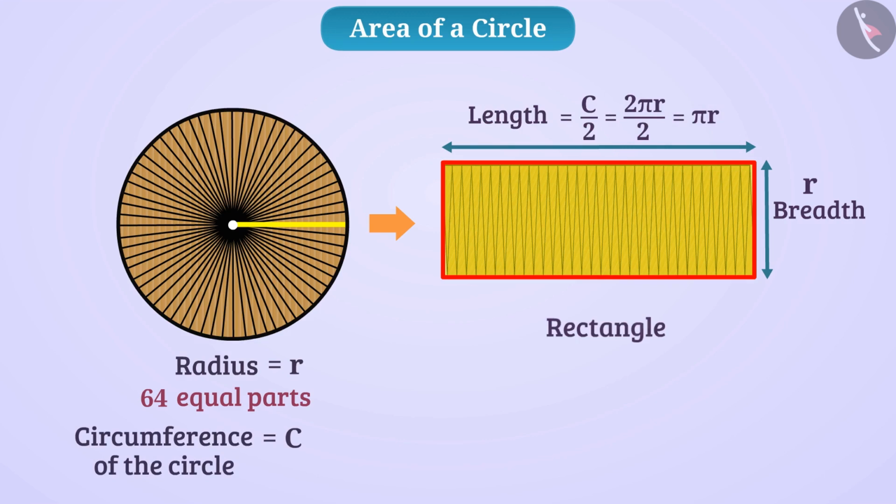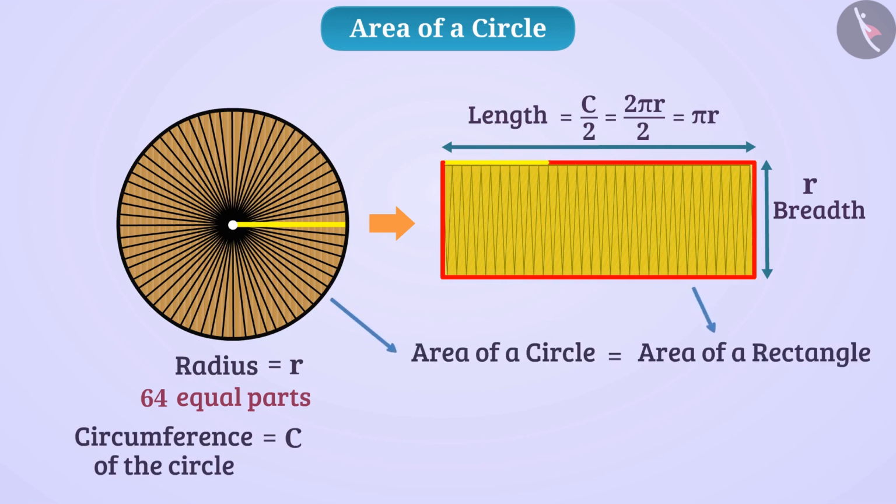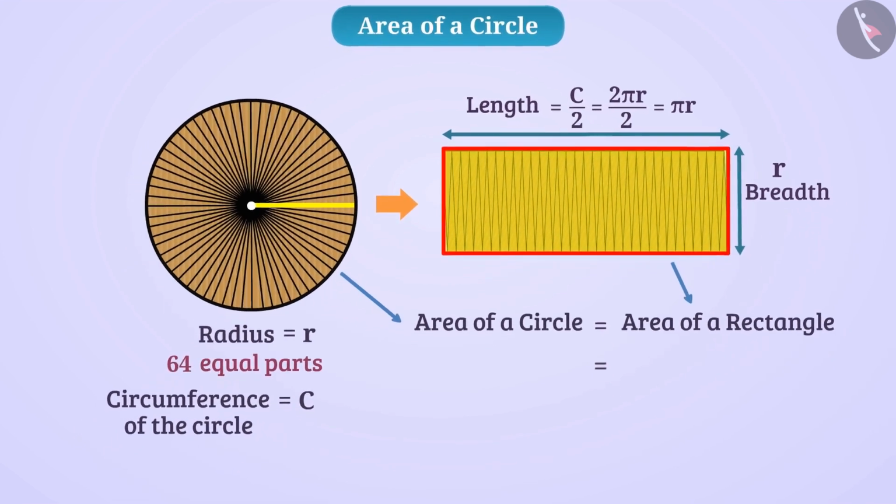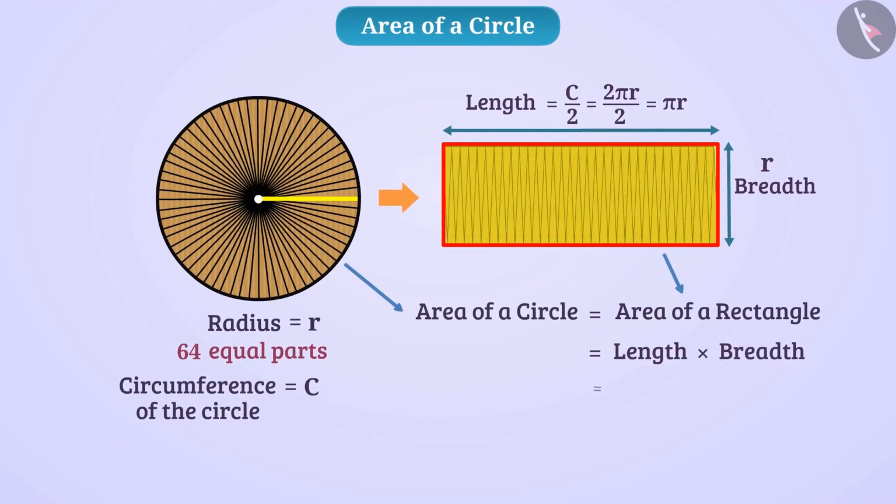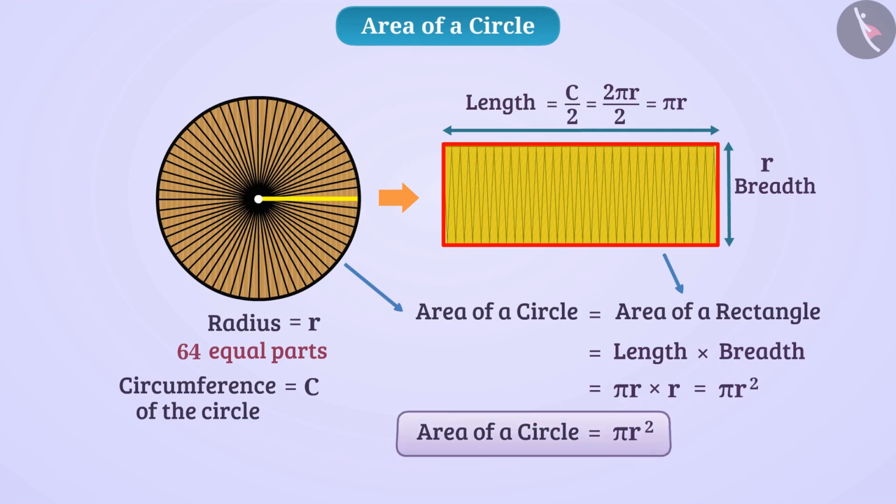We can say that the area of the circle is equal to the area of the rectangle made. That means here the area of the circle is equal to length multiplied by breadth, which is equal to pi r multiplied by r, which is equal to pi r square. Area of circle is equal to pi r square. From this formula, we can find the area of any circle.